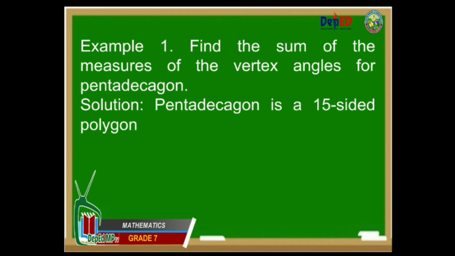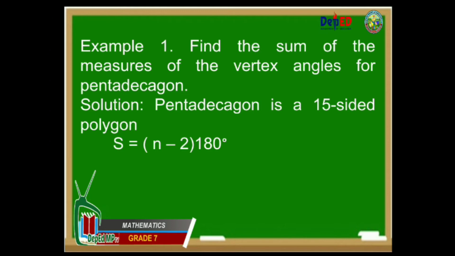Example 1. Find the sum of the measures of the vertex angles for pentadecagon. Solution. Pentadecagon is a 15-sided polygon.